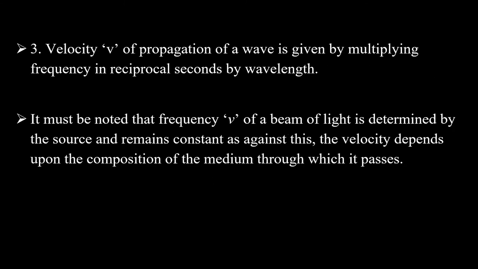Velocity v of the propagation of the wave is given by multiplying the frequency in reciprocal seconds by wavelength. It must be noted that frequency nu of a beam of light is determined by the source and remains constant, as against this, the velocity v depends upon the composition of the medium through which it passes.